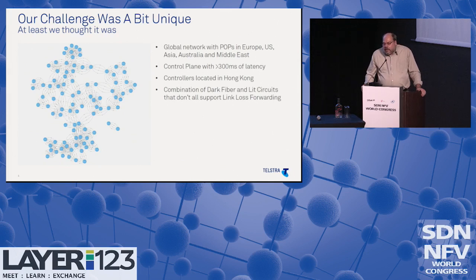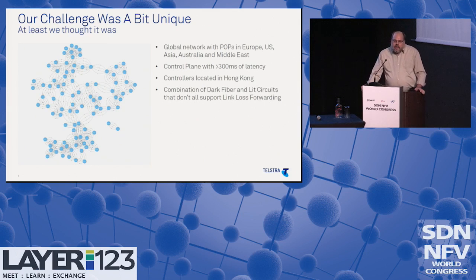The second problem we run into with this network is it's an overlay network. So it's got lit services, dark fiber services, pretty much everything in the core of the network. A standard method we saw in most of the controllers that we were using, and the first one that we deployed on, only relied on the link state of a port to determine if an ISL, interswitch link, was up or down.